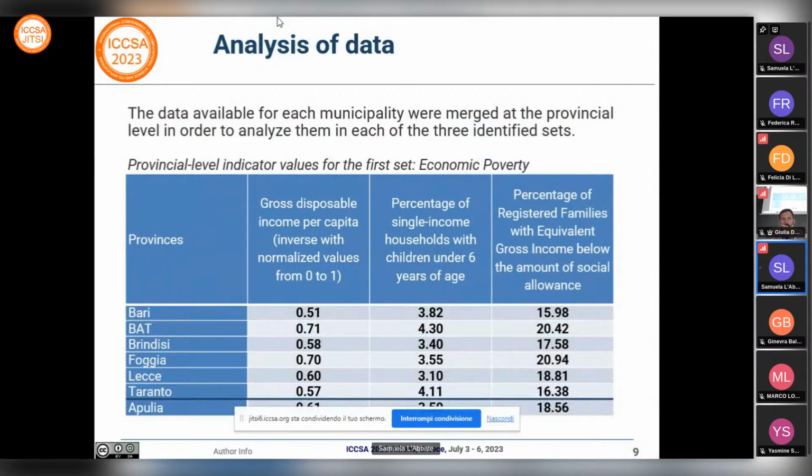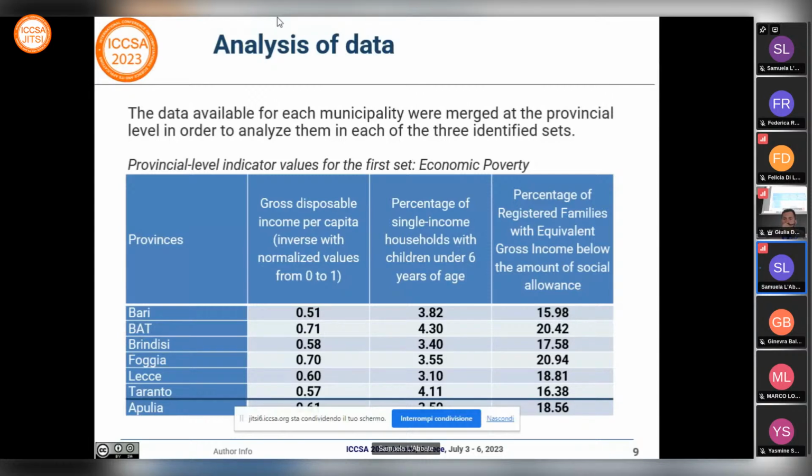The higher the value in this table, the higher the level of poverty in the province, as found in the provinces of BAT and Foggia for per capita gross disposable income. For single income households with children under 6 years of age, the percentage is higher for the provinces of BAT and Taranto. For the third indicator, similarly to income, the provinces of BAT and Foggia stand out.